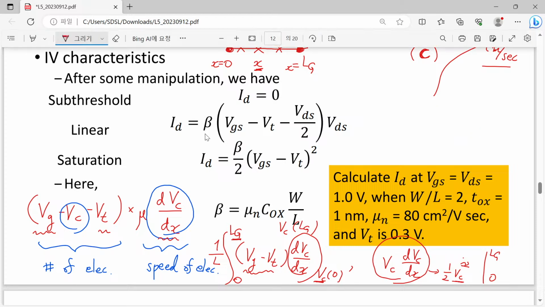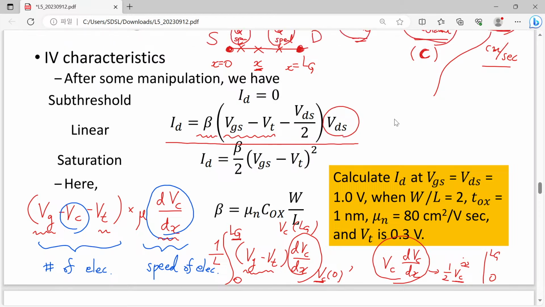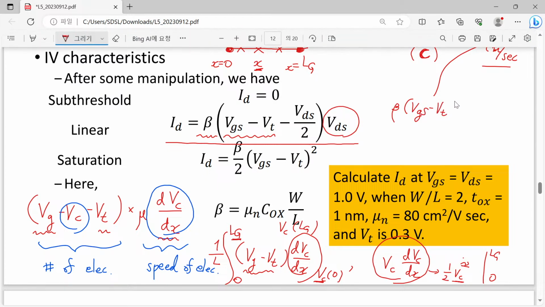Here you can see the first term, which is linear to your potential. Where can you find it? This is constant and this beta is also constant, and you have VDS. So beta times VGS minus VT times VDS.